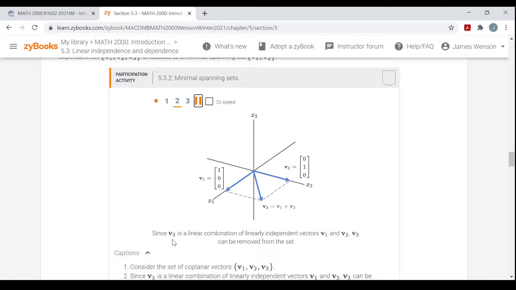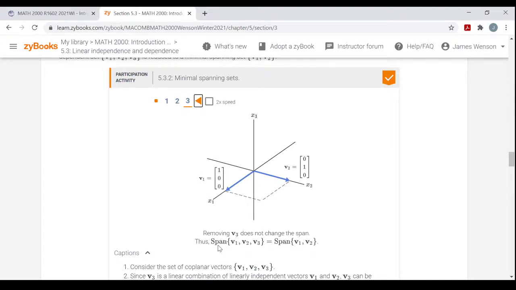So since v3 is a linear combination of these vectors v1 and v2, v3 can be removed from the set. It's not needed. If it depends on these two, that means all I need are these two. I can always make the third one if I want. So removing v3 does not change the span.